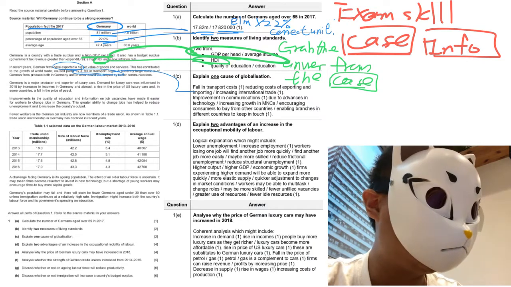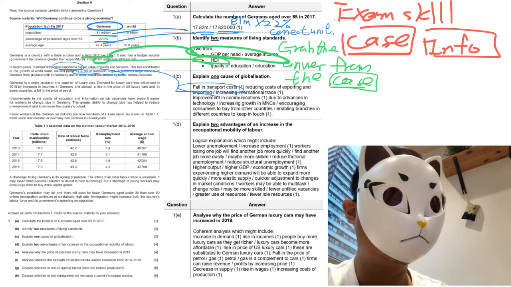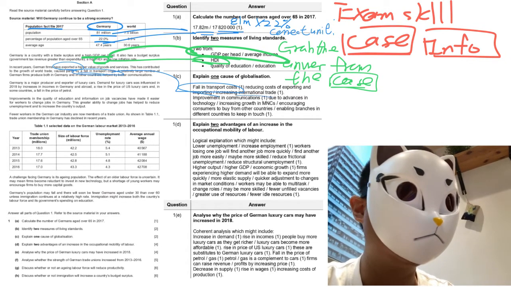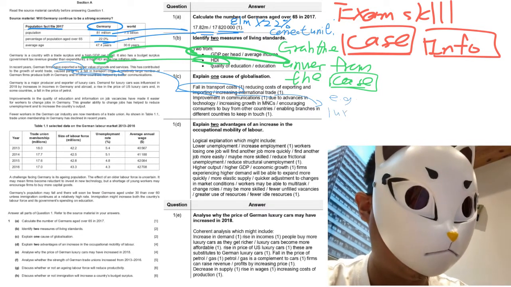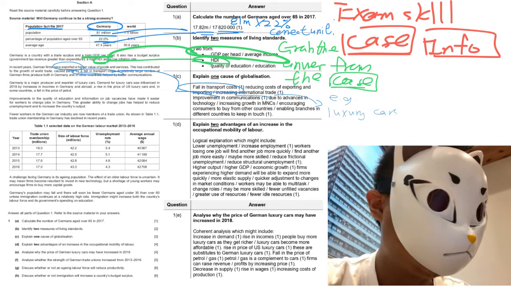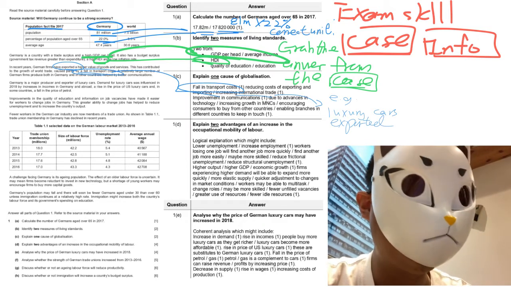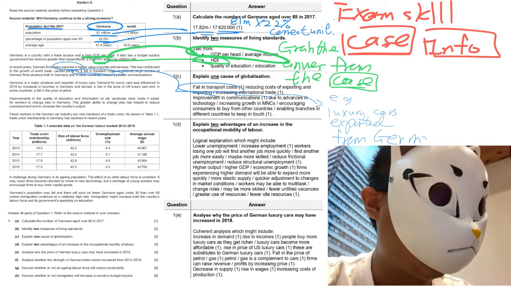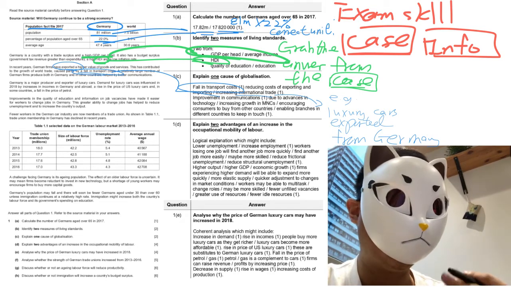So you might just put here: fall in transportation costs. Again, we will just grab the answer from the case. This would increase international trade, so you have to add it up, for example, luxury cars exported from Germany. Remember, you have to make use of the case, as it will help you to answer the question. Right now we will move on to part D.